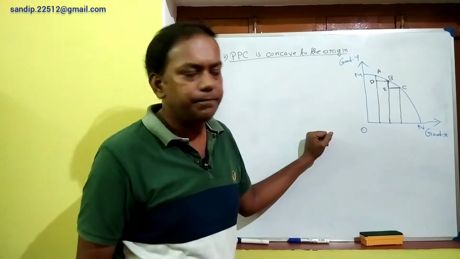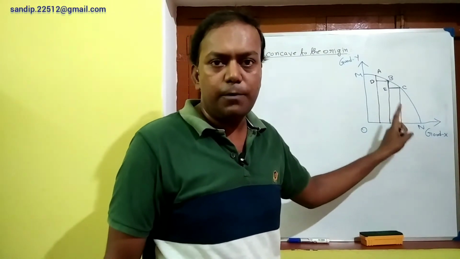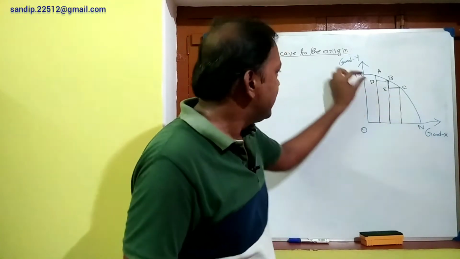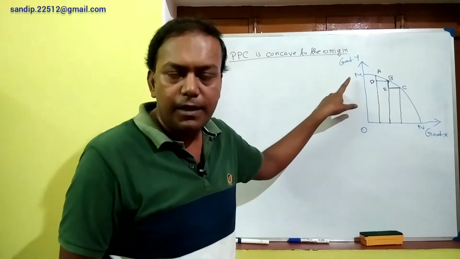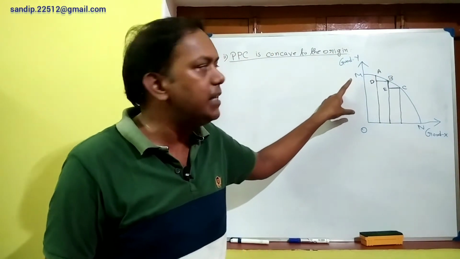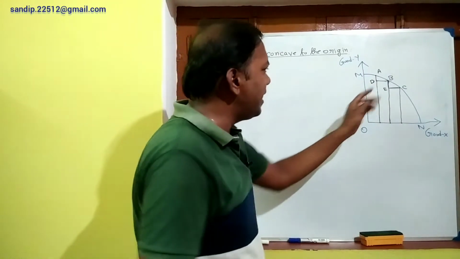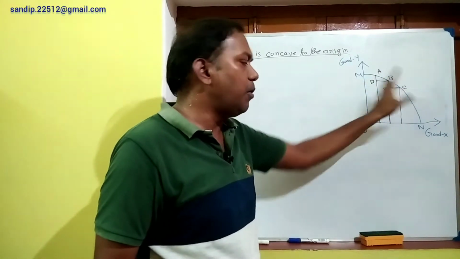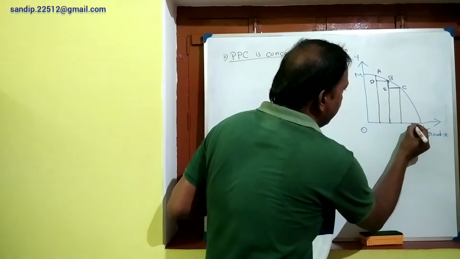Now you see, in this way, if a producer produces 1 unit more of good X, the amount of sacrifice of good Y will gradually increase. Here for our proof I have taken only 3 points. If I take more points, then the idea will be clear to you.